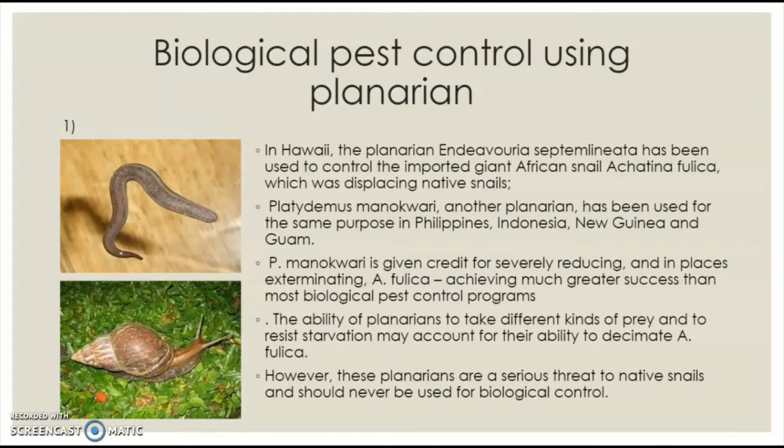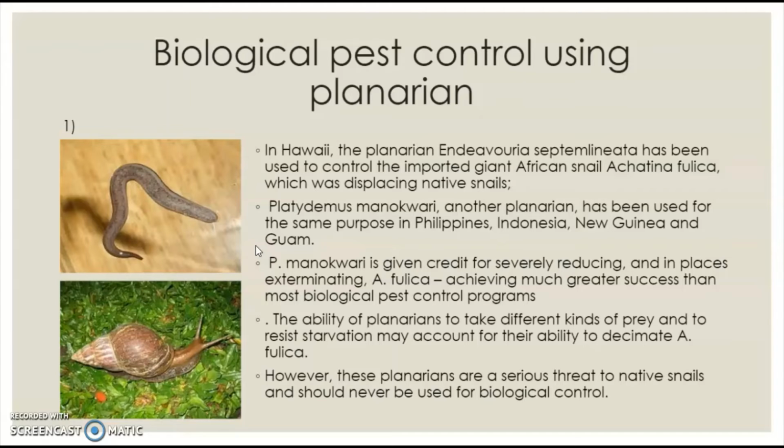Biological pest control using planarians. First, in Hawaii, the planarian Endeavouria septemlineata has been used to control the imported giant African snail Achatina fulica, which has been displacing native snails. Second, Platydemus manokwari, another planarian, has been used for the same purpose in the Philippines, Indonesia, New Guinea, and Guam.